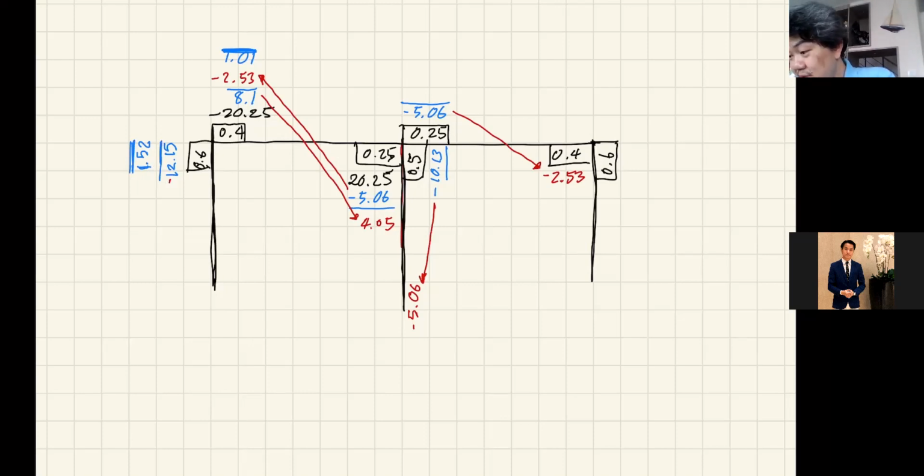And now let's move on to the second cycle of the column on the right, that is column CF. We have minus 2.53 and the result is somewhat similar. Okay, so that's 1.01 for the B member, and then another 1.52.